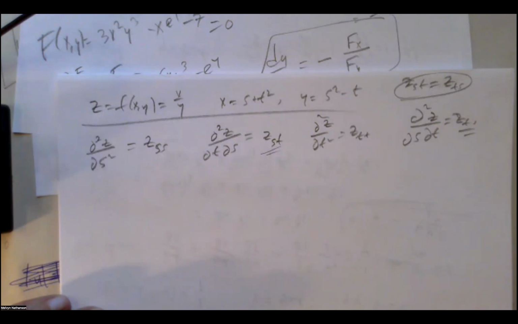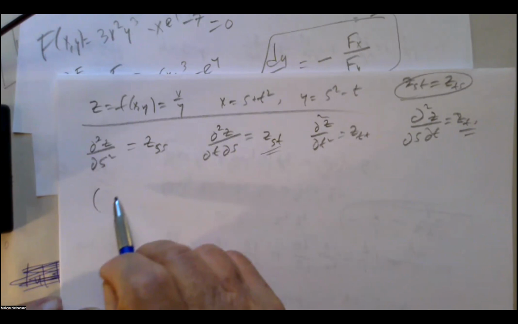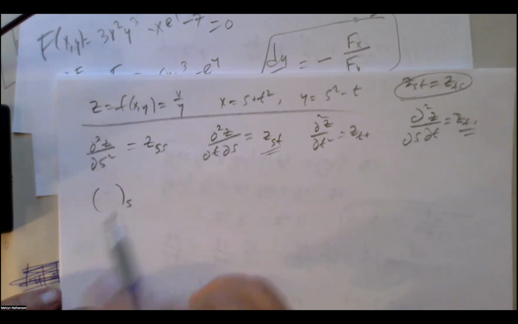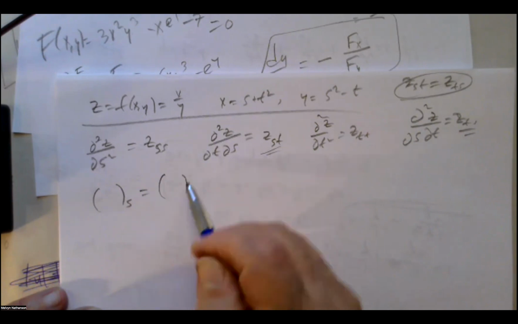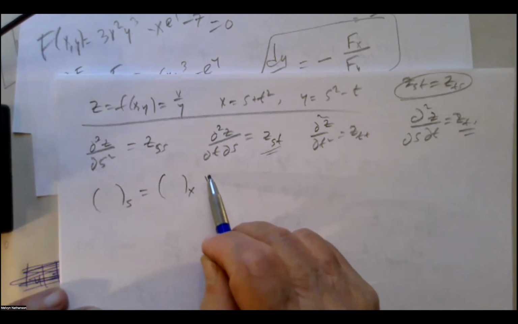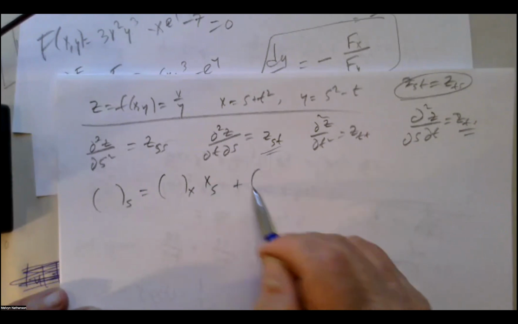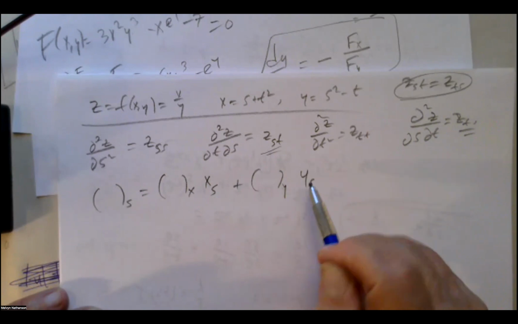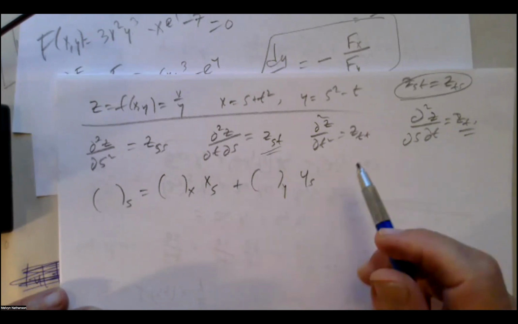So let's take a look. The book uses a kind of useful formula here. If you're differentiating some function with respect to s, that's that function differentiated with respect to x times the derivative of x with respect to s, plus that function differentiated with respect to y times the derivative of y with respect to s.